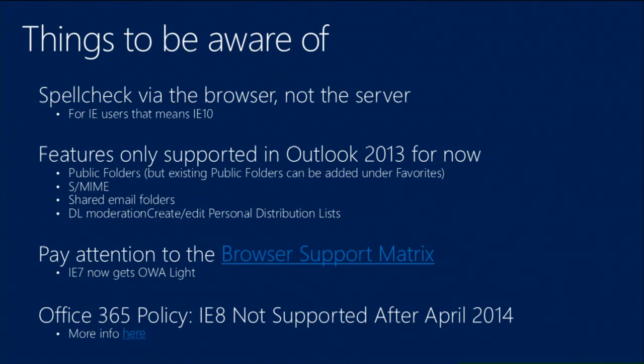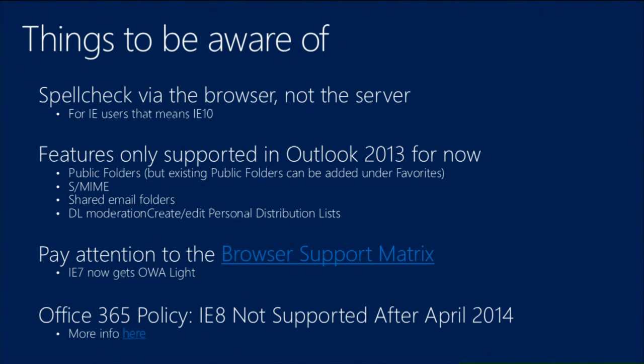It's not something that we have in OA at this point. Public folders is something that we have some limited capability today in OA. You can add public folders by using favorites, but you don't have the rich functionality that was available before for public folders in OA. Similar with shared email folders and DL moderation.